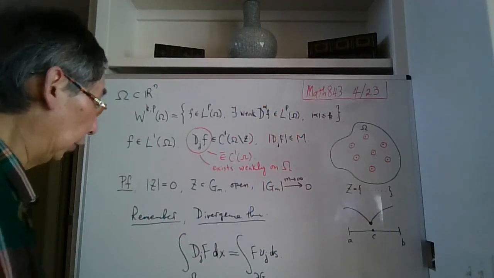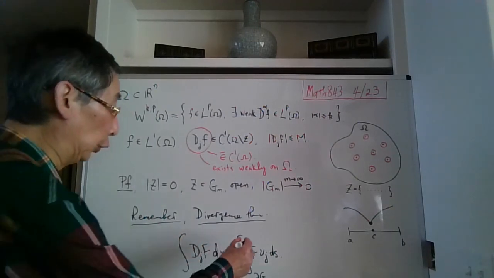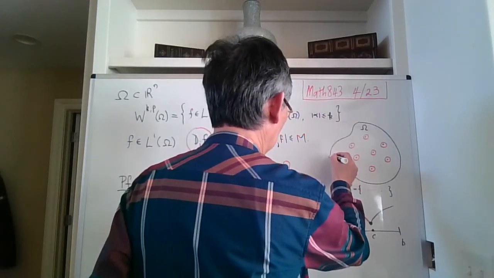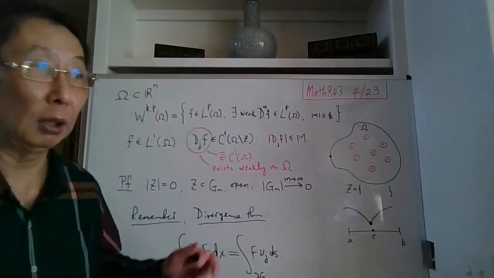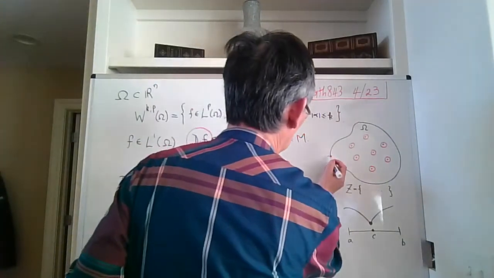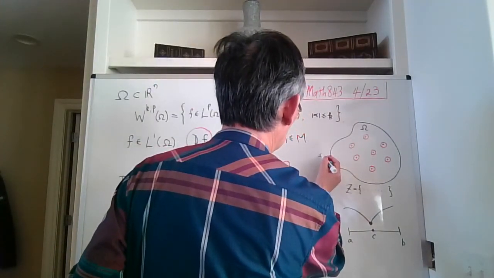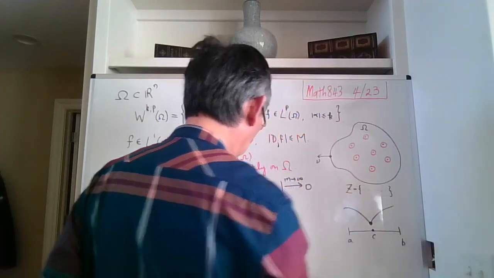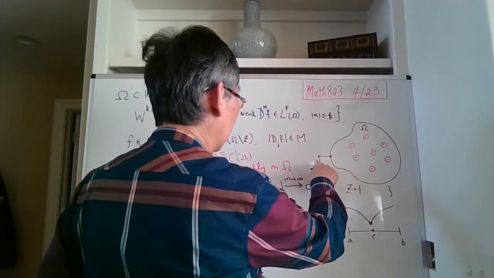So what is nu_j? Nu_j is basically the normal vector. Suppose you consider the outer normal. You consider this boundary, and the normal is like this. It's a normal to the boundary, so it's like nu, and nu_j is the j-th component of this nu.